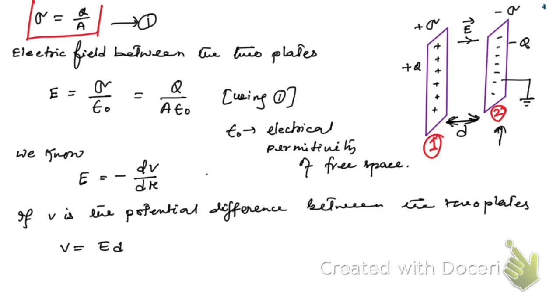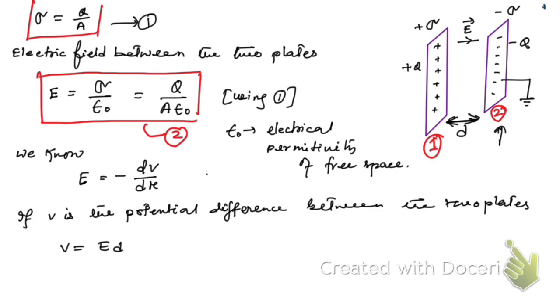Let me take this as equation number 2. Using equation number 2, instead of E we put Q by A epsilon naught, so V is Q by A epsilon naught into d.